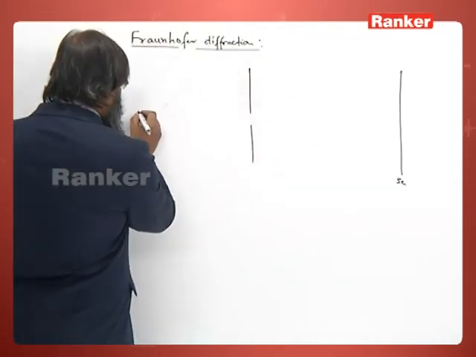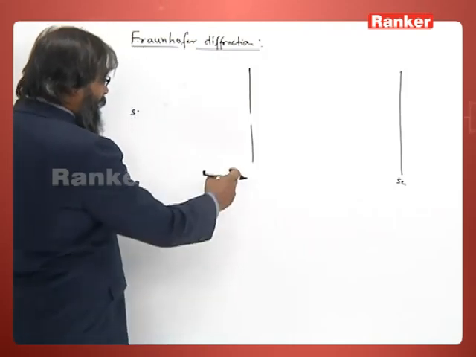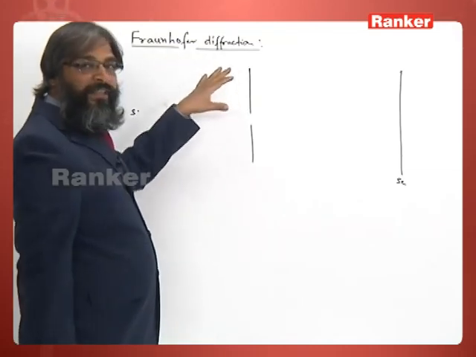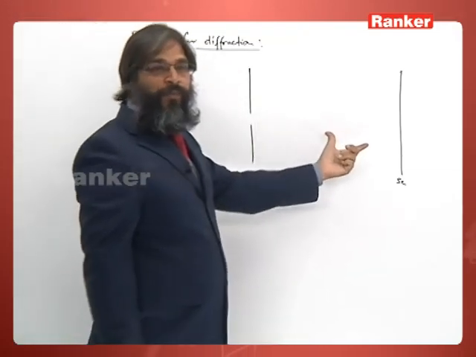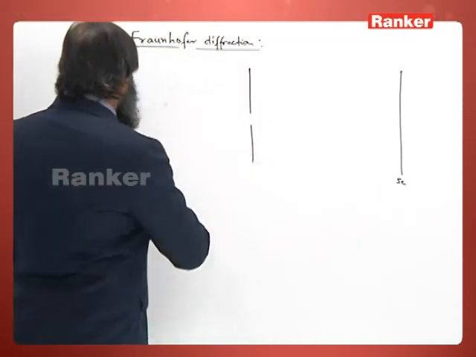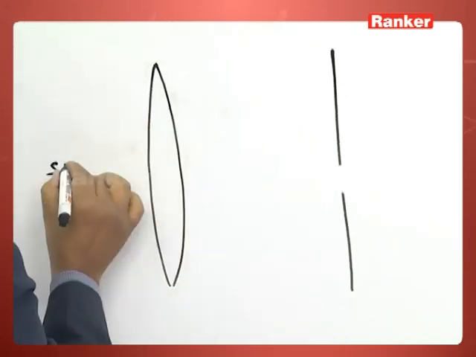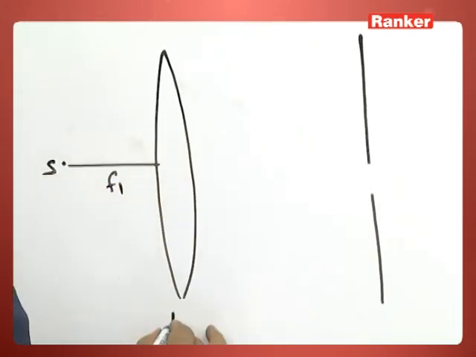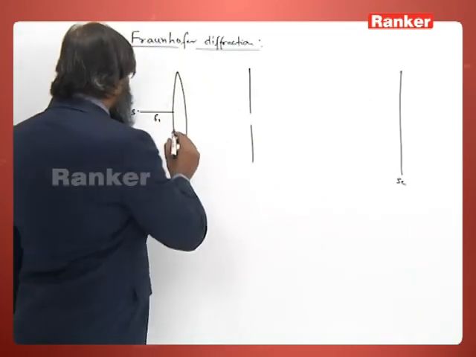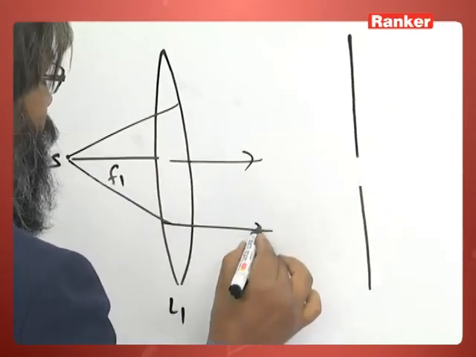Now I place a point source here, but my distance is finite, while Fraunhofer diffraction requires this distance to be infinite. So we use a clever technique which we do in the laboratory. We place a converging lens and place the source at the focal length of the lens L1. As a result, it produces a plane wavefront.